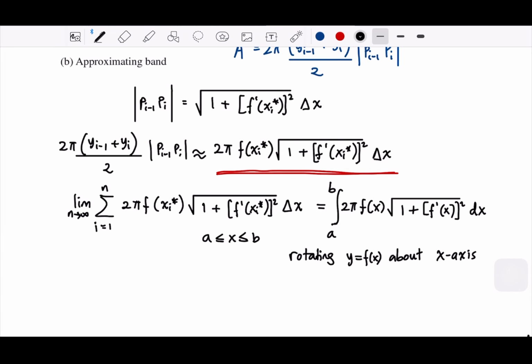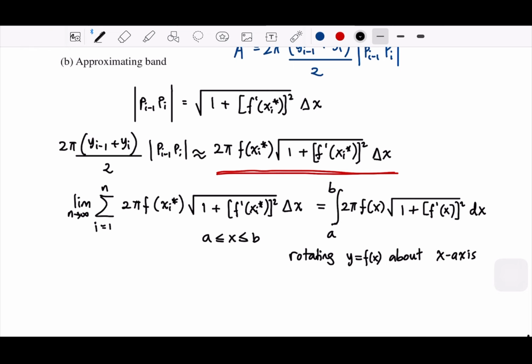So of course there is another case, rotating about the y-axis, right? If this is rotating about the y-axis, then it will be dy, right?